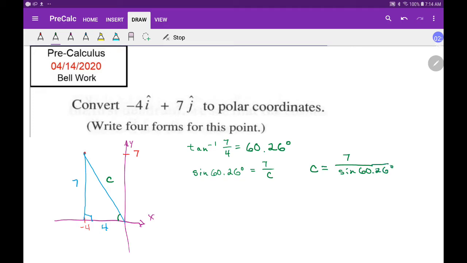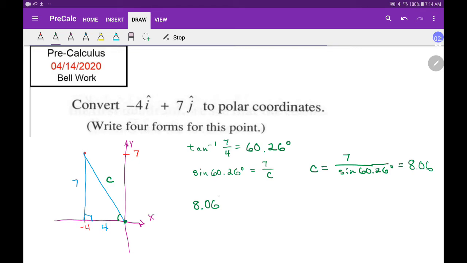And when I do that, let's see what happens. I get 8.06. So that's my magnitude. That is the distance from the origin out to the point.